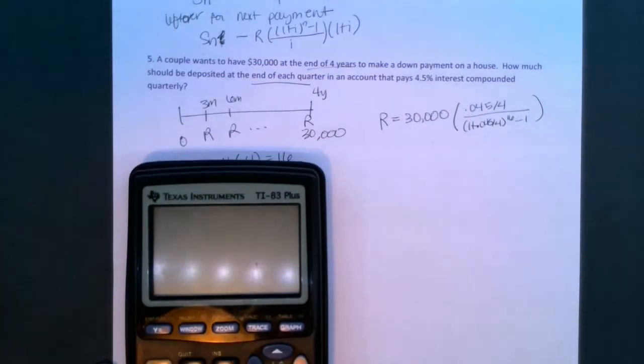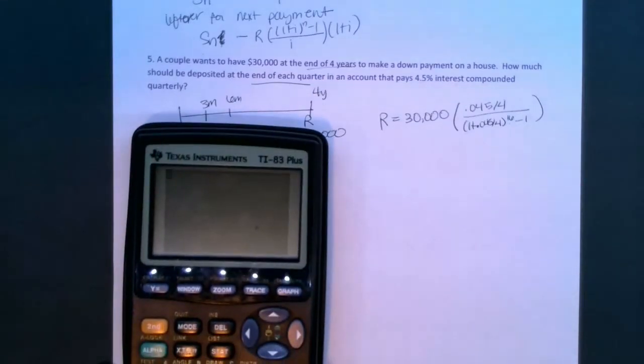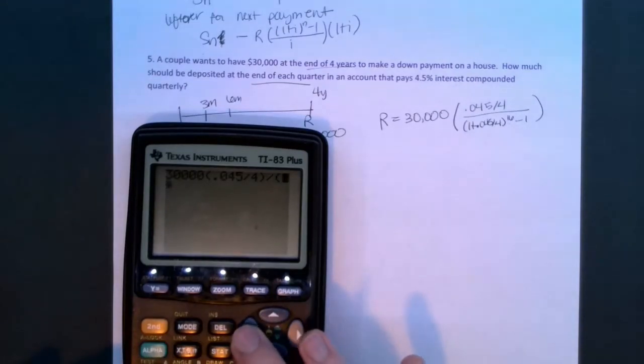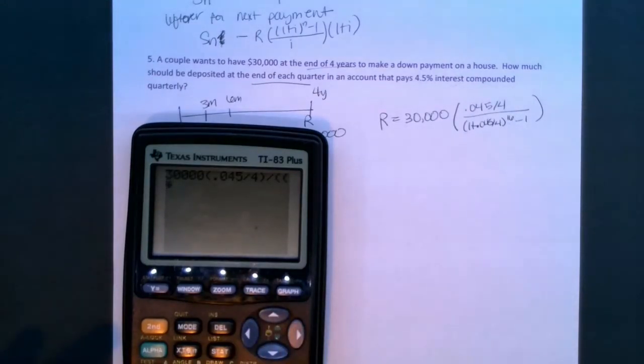So that looks like this on the calculator. In your denominator, that's where you're going to have your double set of parentheses to start.